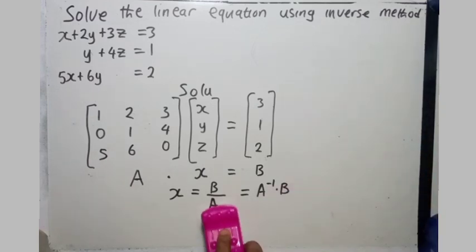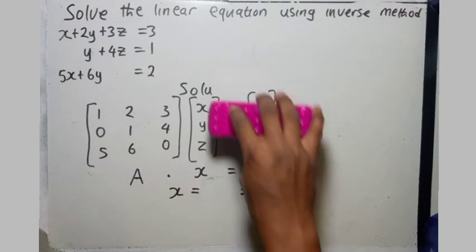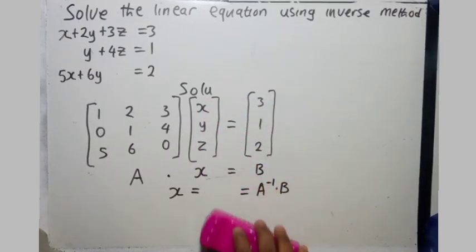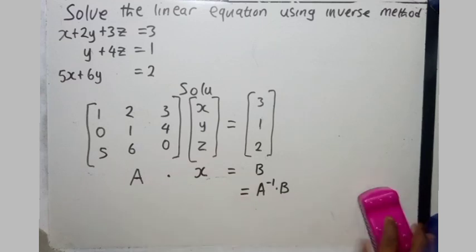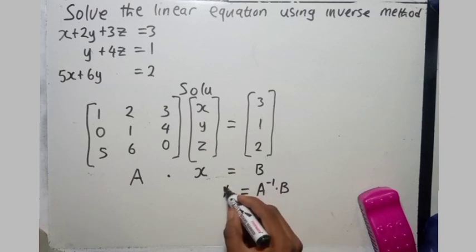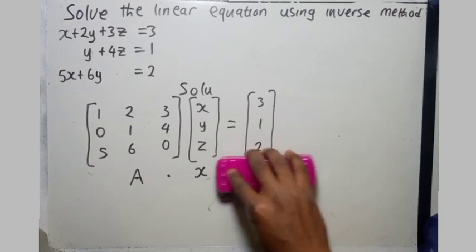So it turns out that for us to get this xyz, which are represented as X, we just simply find the inverse of A. You have to find the inverse of A because it's a matrix.